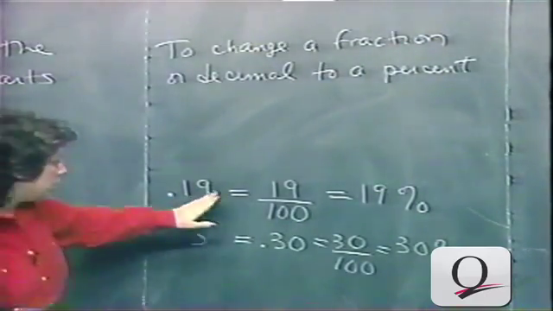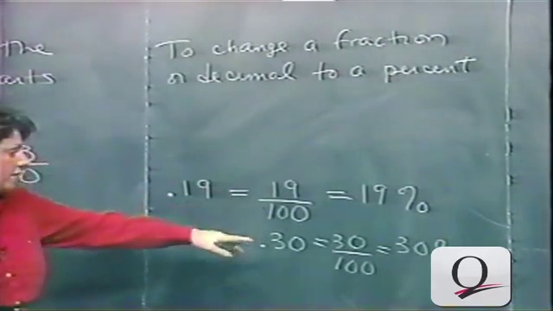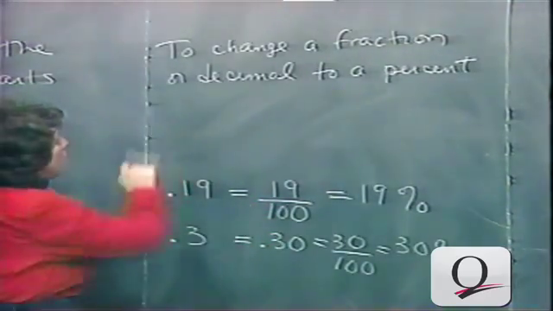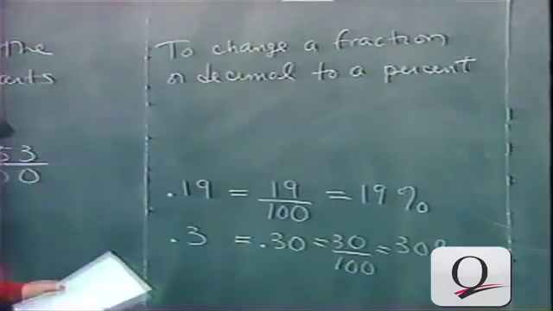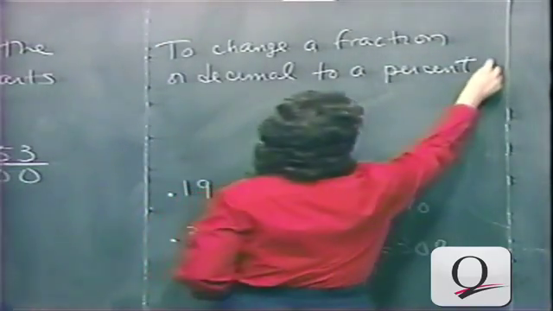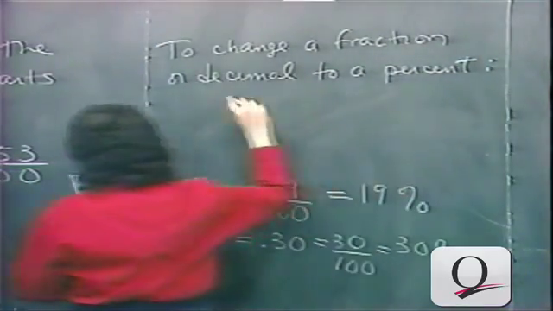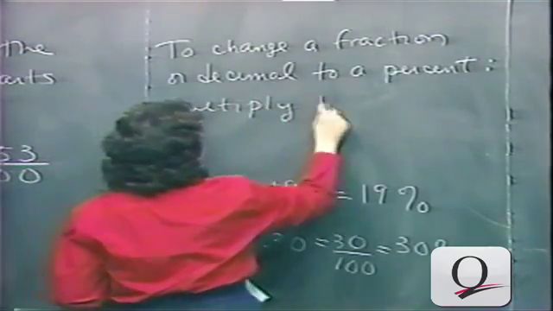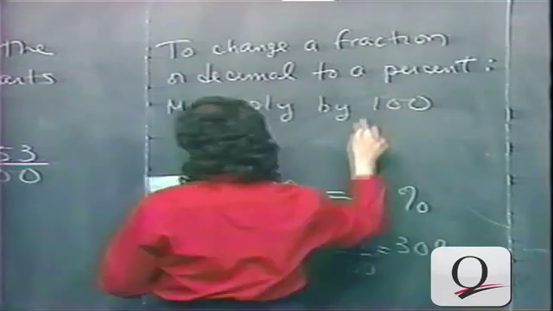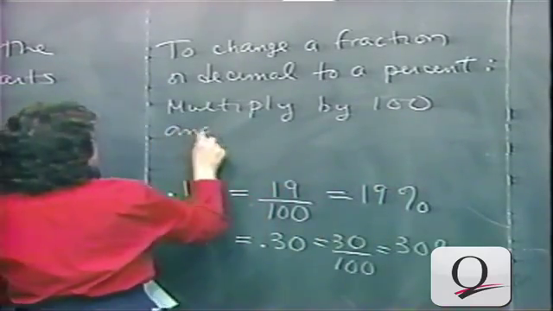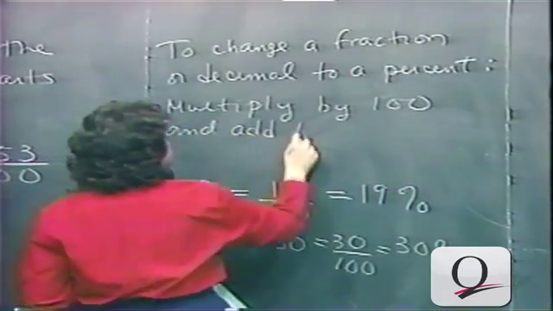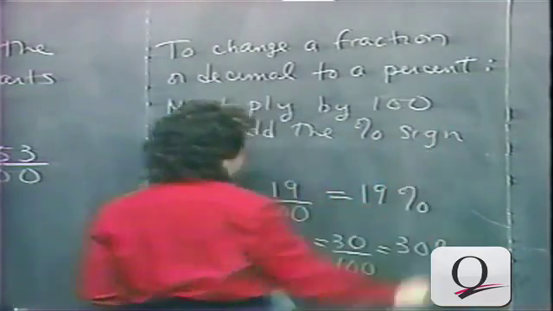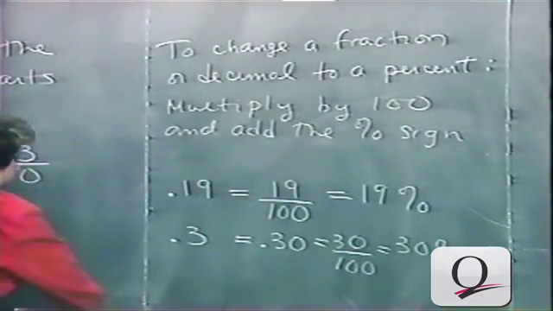So that will be our basic rule to change a fraction or a decimal to a percent: multiply by 100 and add the percent sign. Let's try some examples.